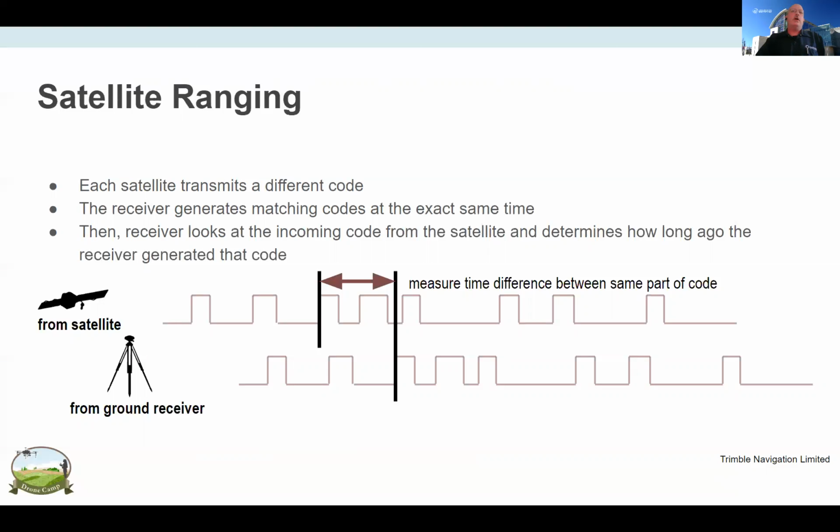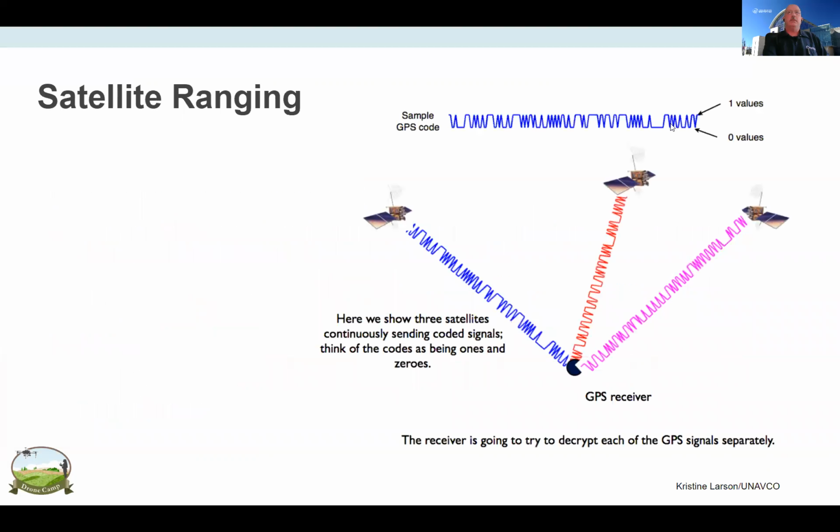And they know nominally when the song started. And so the GPS receiver, as it receives signals from the satellite, looks at the incoming code or song and looks at the time gap between what it's hearing and where it is currently in its singing of the song. And it uses that time gap to measure the distance.